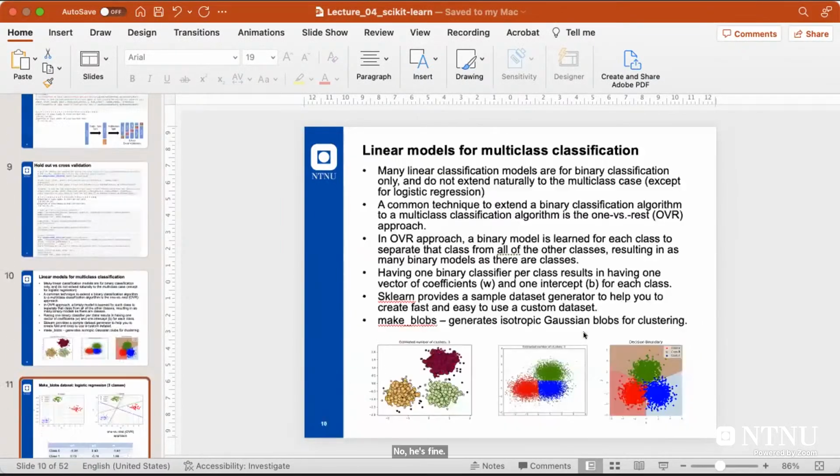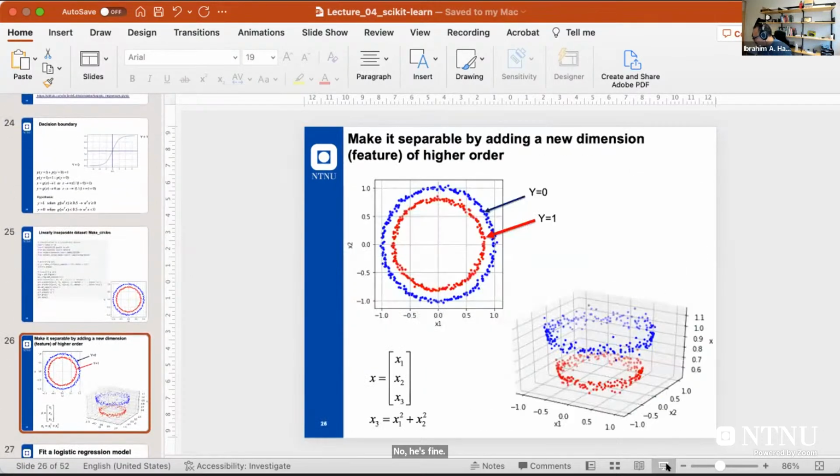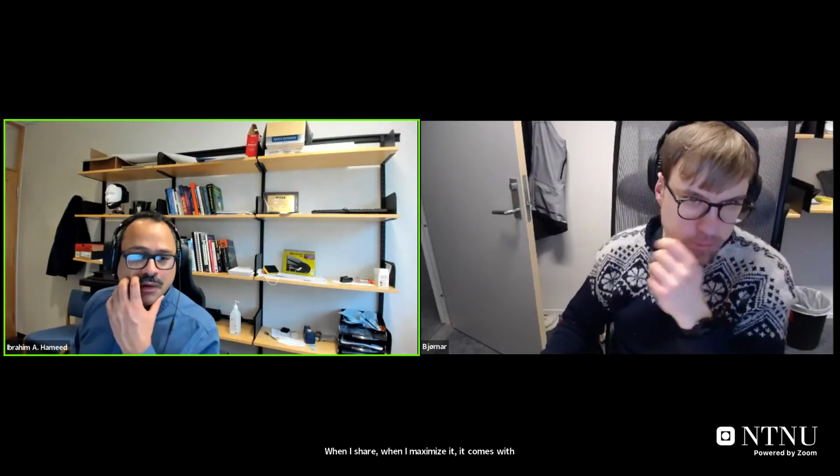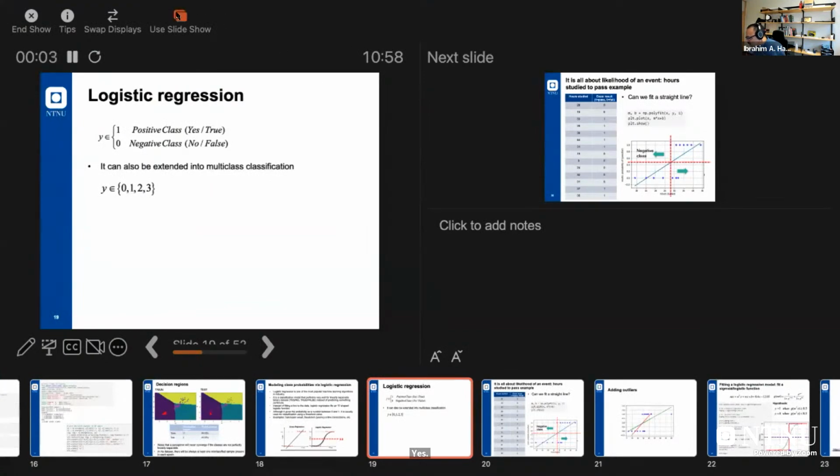Now it's fine. It's strange, when I share and maximize it, it becomes dark. Maybe it's working now, right?